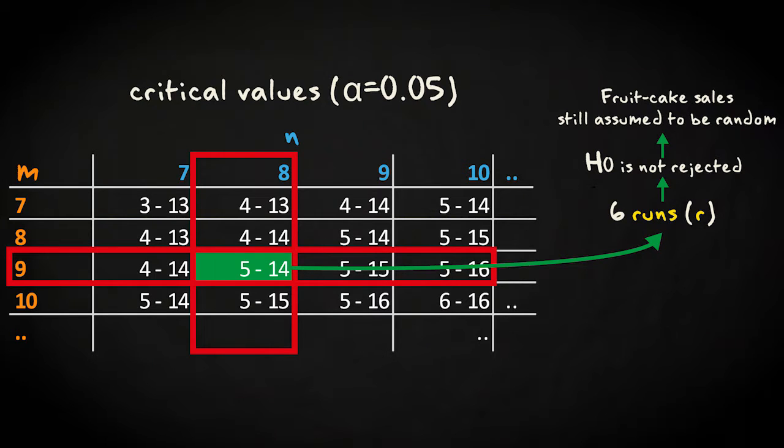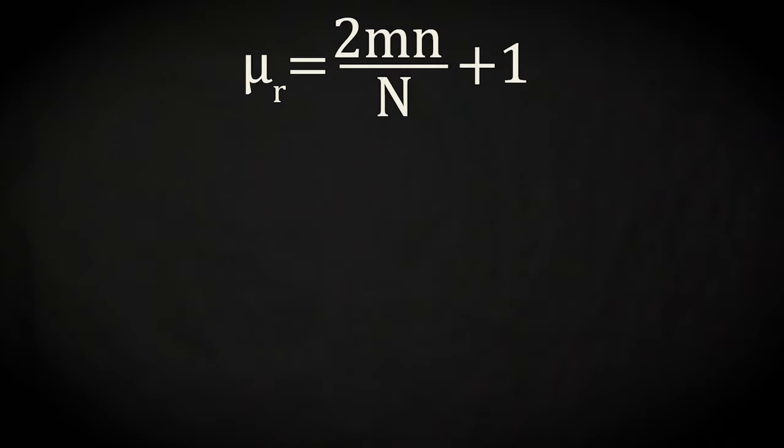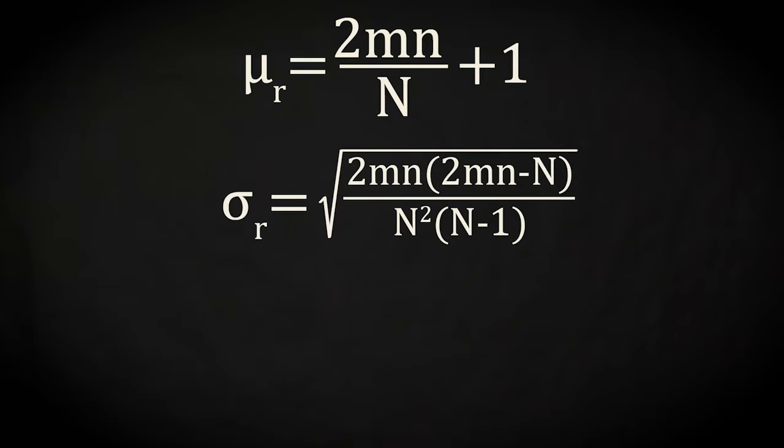To finalize, I will also show what to do when you have larger samples. In that case, you can estimate the sampling distribution of the number of runs by normal distribution. Its mean is given by this equation, and its standard deviation by this equation.